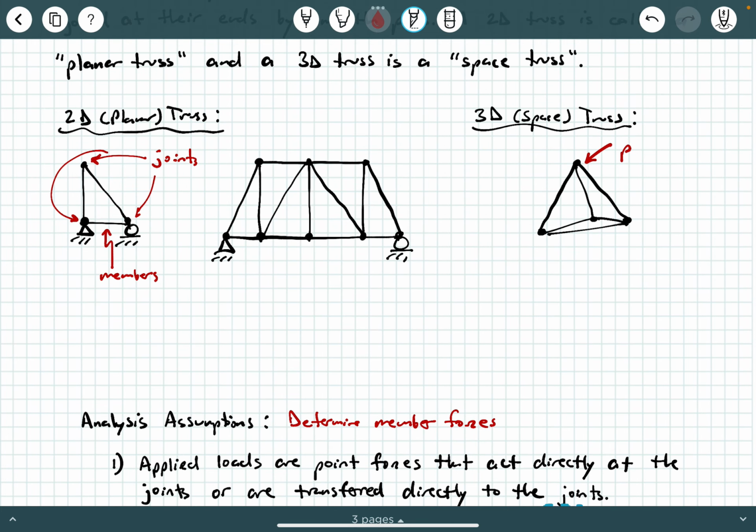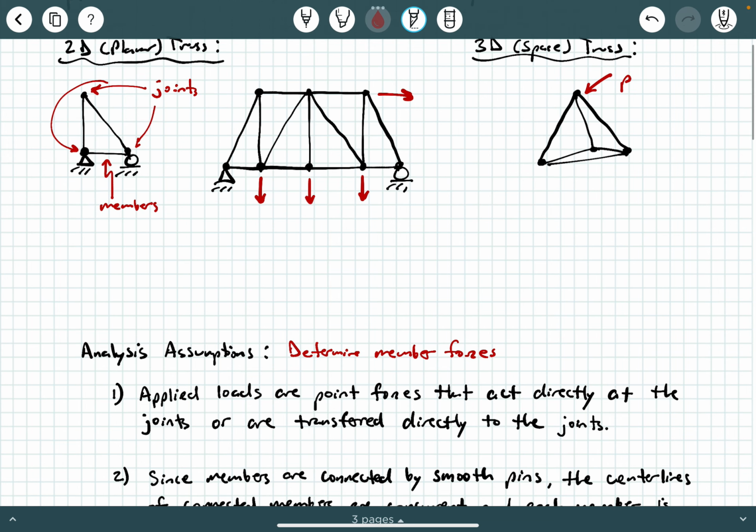Where would the applied loads be assumed to act or be transferred to? They would be acting directly at joints. Notice that I'm not assuming applied loads are acting along the length of the member. That's a no-no. They're acting at the joints. So that's assumption number one.